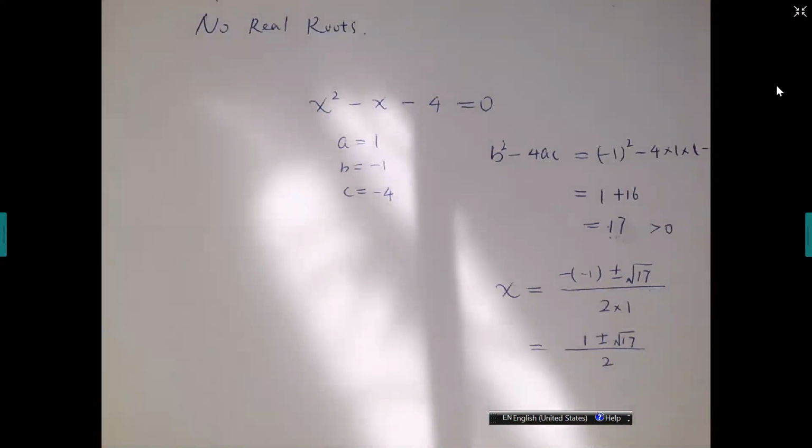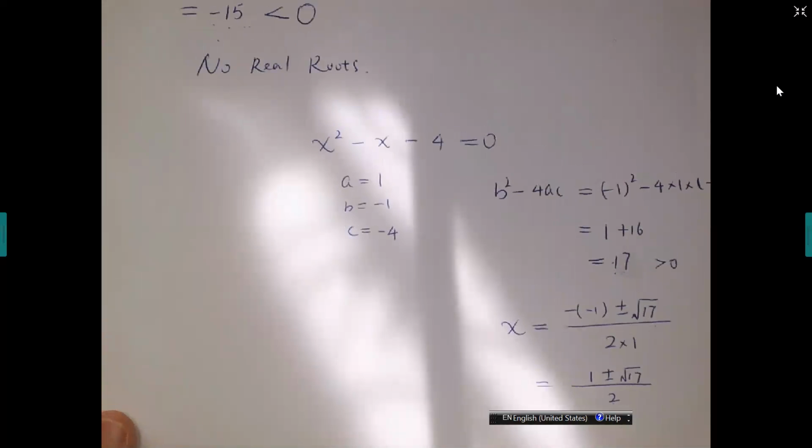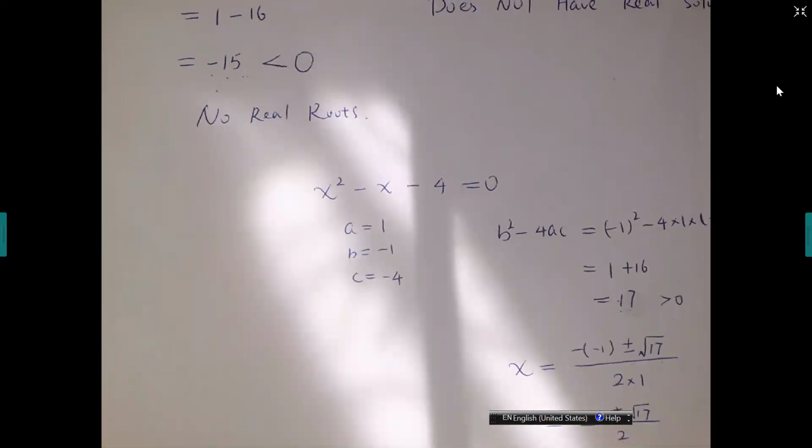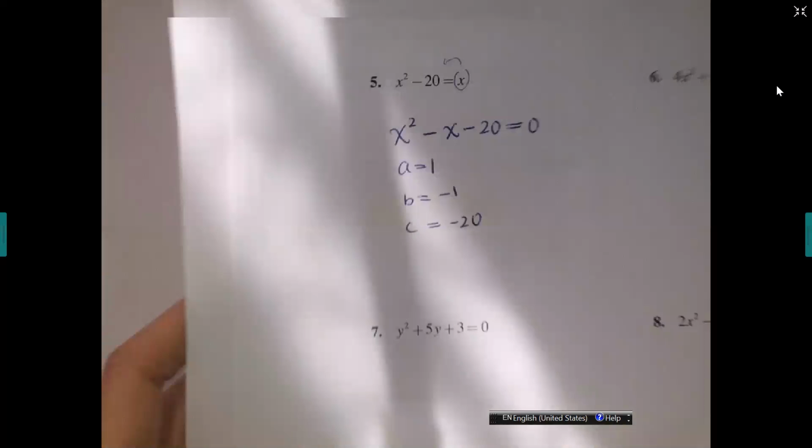And another thing here, not always are the equations given in the standard form. We have to be able to find a, b, c by ourselves. If we know what a, b, c are, and then if we know the formula, we'll be able to solve any quadratic equation.